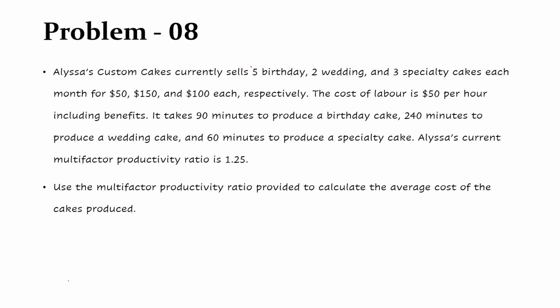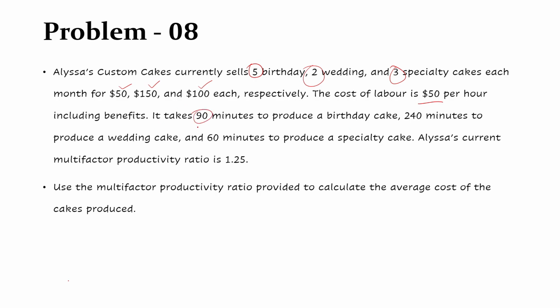In problem 8, we have the information about Alisa's custom cakes. Alisa sells 5 birthday, 2 wedding and 3 specialty cakes each month for $50, $150 and $100 each respectively. The cost of labor is $50 per hour including benefits.